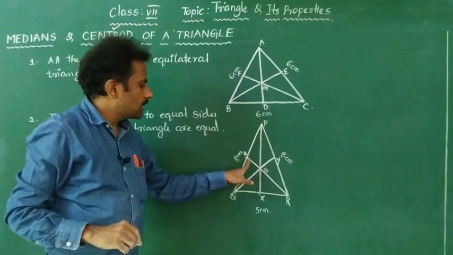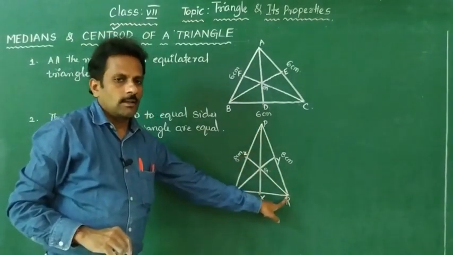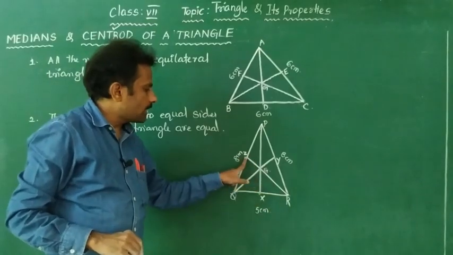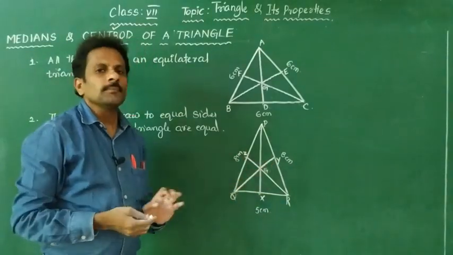The medians drawn to equal sides, already PQ and PR are equal. Now RZ and QY are the two medians drawn to equal sides, they are also equal.